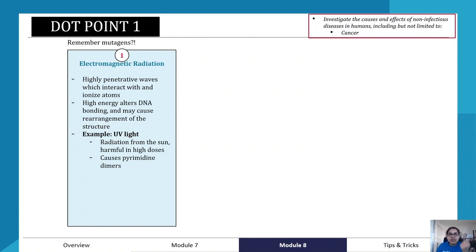The radiation from the sun can be harmful in high doses, and it can cause pyrimidine dimers. Normally the bases are stacked against each other, just imagine my fingers being the bases here. Pyrimidine dimers is essentially when they change their shape and adjacent bases connect with each other.